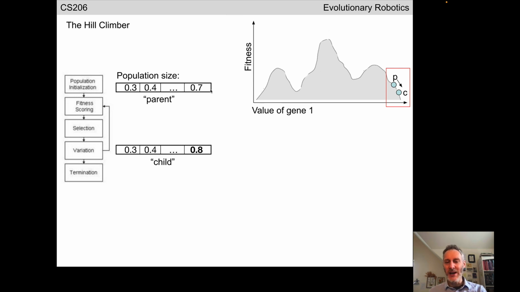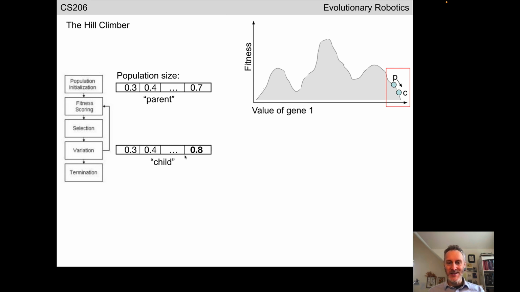In the case of a hill climber, the hill climber starts by taking a step in a random direction. What does that mean? We take our parent, we make a copy of that parent, and when we make a copy, we make a random change to the values of one of the genes, which means that this new point, this new child, has moved a small distance horizontally away from the parent.